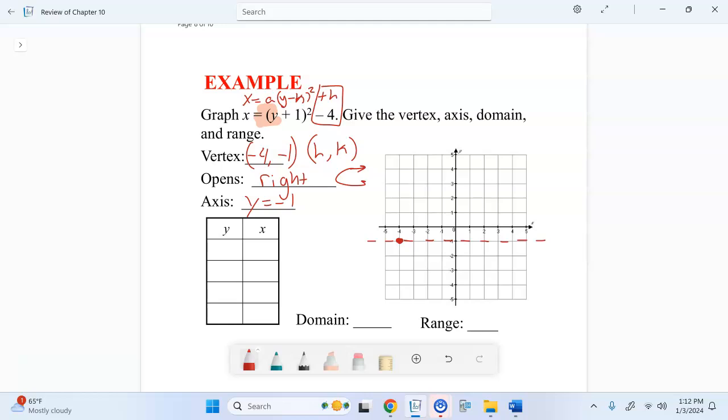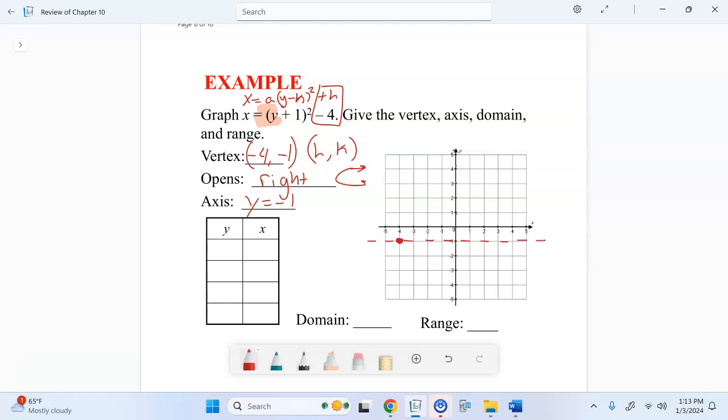So any point that we find above that line will have a mirror image point below the line, and vice versa. So when we're trying to find additional points, what we can do is pick y values on one side, plug those into our equation, get the x value, and then use that symmetry to get the additional points on the other side.